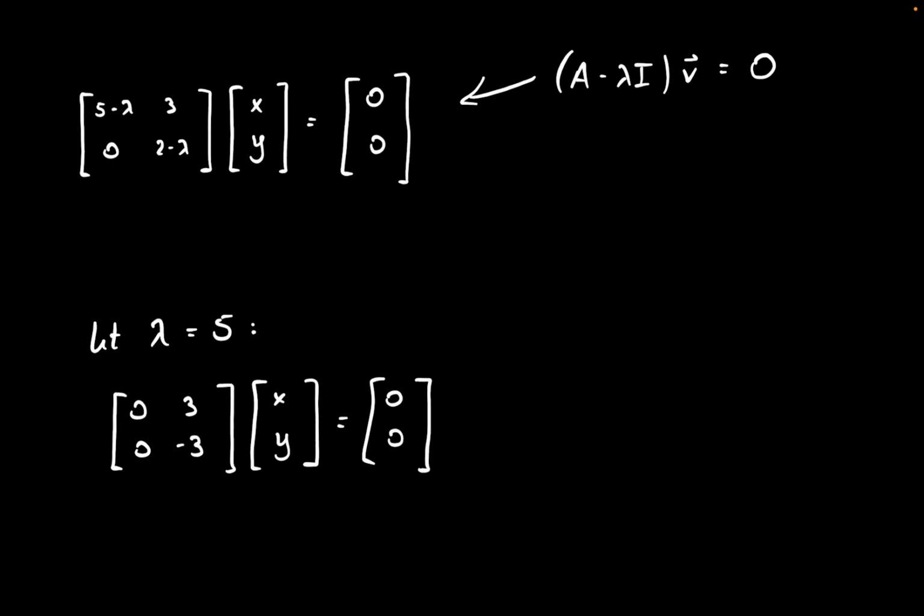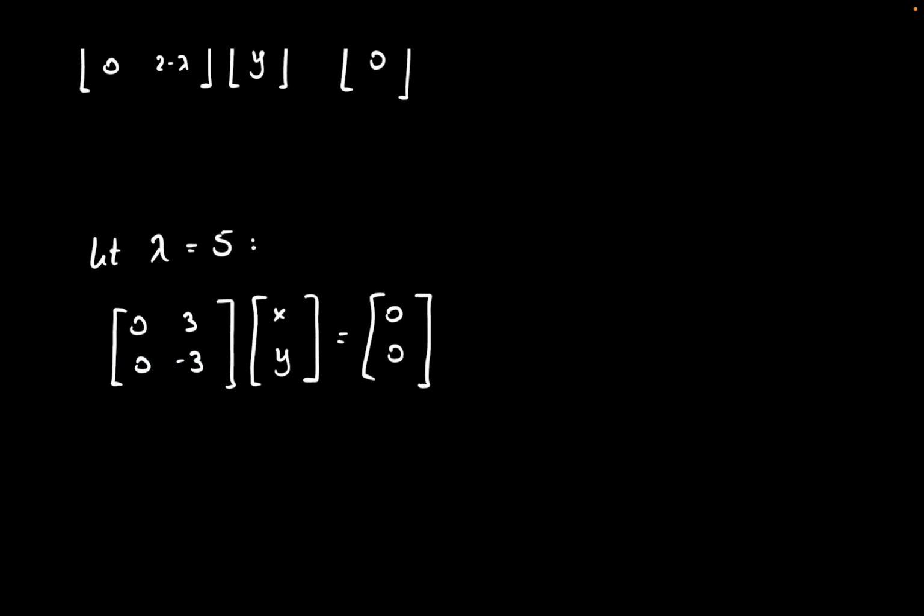Now from here, we can see that these two rows are actually redundant, because all we have to do to get this down to row echelon form is add the two. We can essentially cancel out this bottom row. So let's only pay attention to this top row here, and from it we get that 3y is equal to 0.